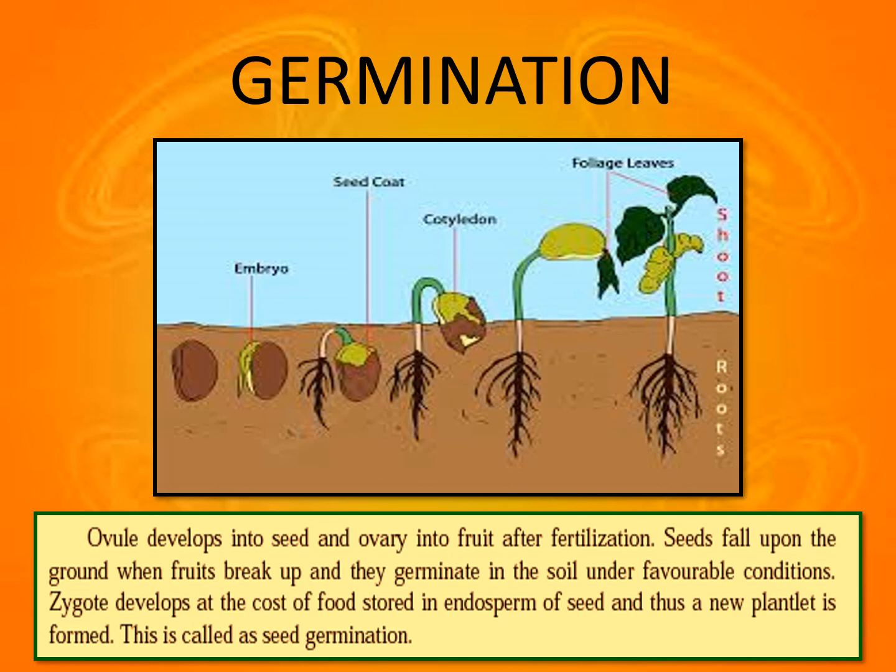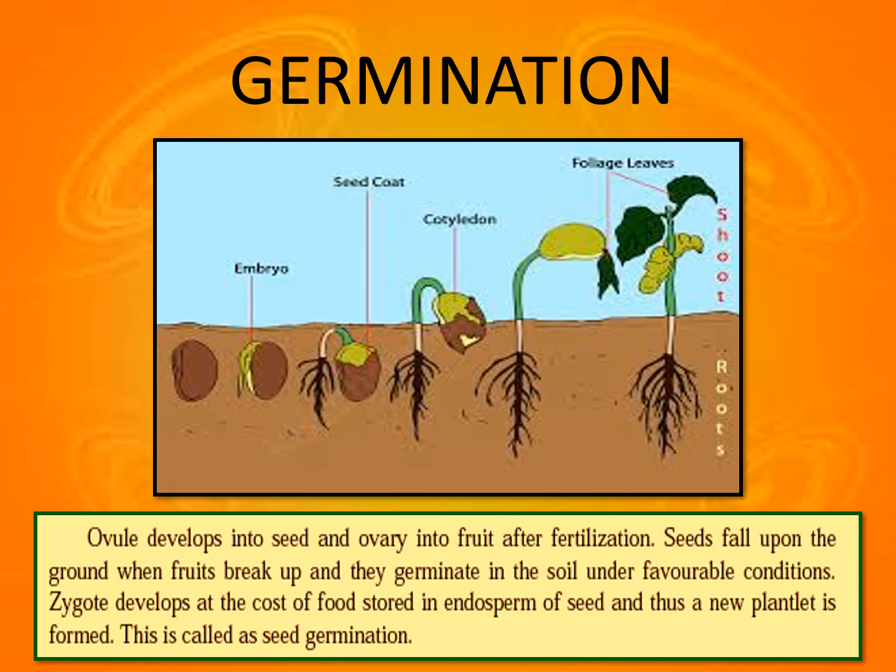Now, you can see the seed here forming the embryo, the zygote. It starts developing at the cost of the food stored in the endosperm of the seed, and thus a new plantlet or a small plant is formed, and it still takes the food from the seed.